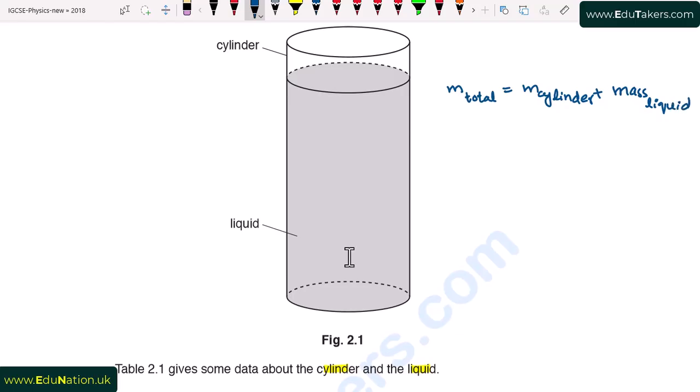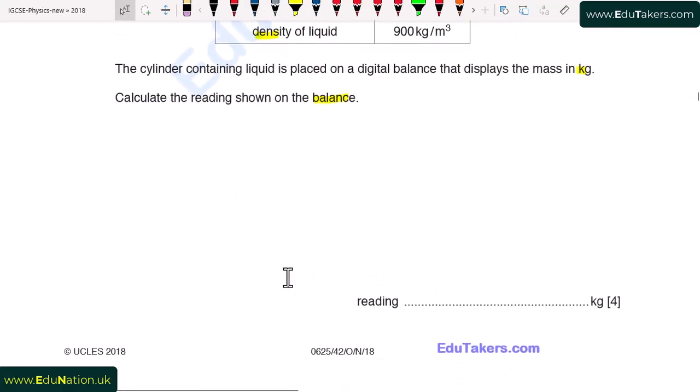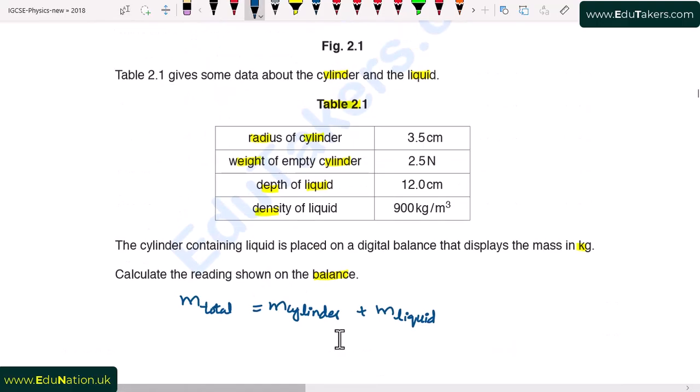But here we are given other parameters except mass. It means that we have to find out the mass of liquid and mass of cylinder. So here I write M total will be equal to mass of cylinder plus mass of liquid. First of all, here the weight of the empty cylinder is given.